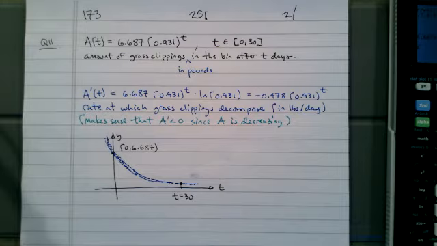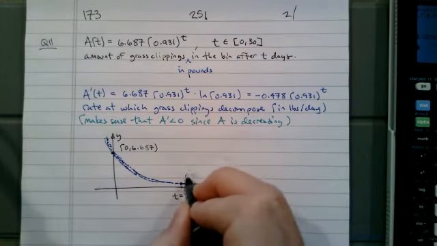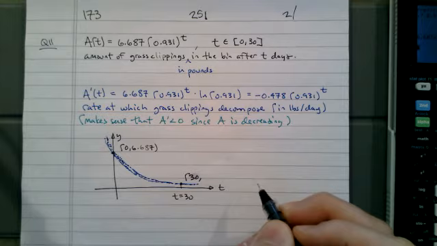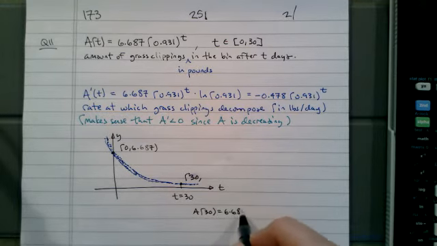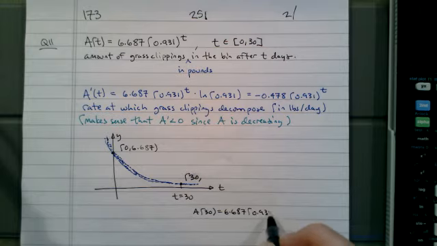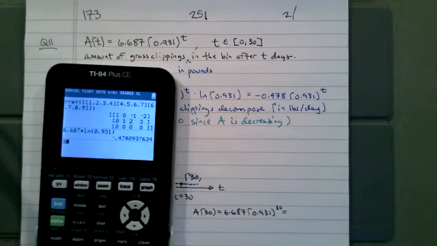The first question is asking about the average rate of change of A of t. The average rate of change will just be the slope between these 2 points. So this point here will be at 30 and A of 30. So I guess we should have that value: 6.687 times 0.931 to the 30th. We're just evaluating the function.